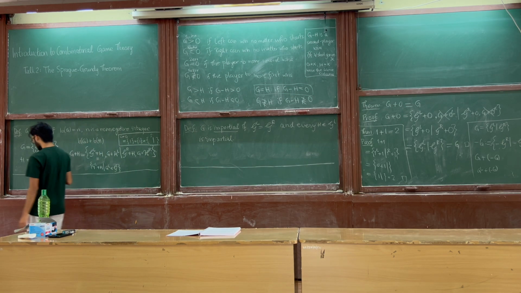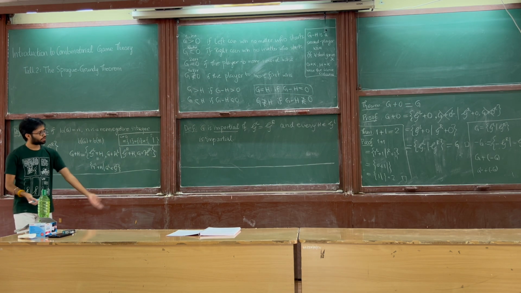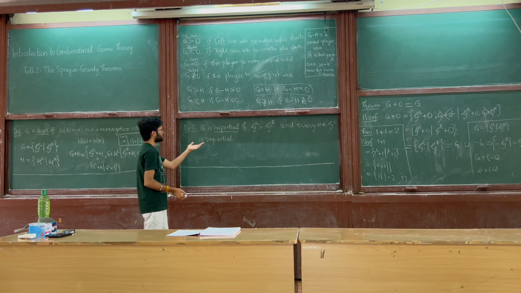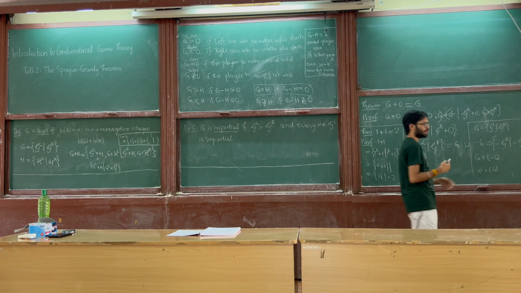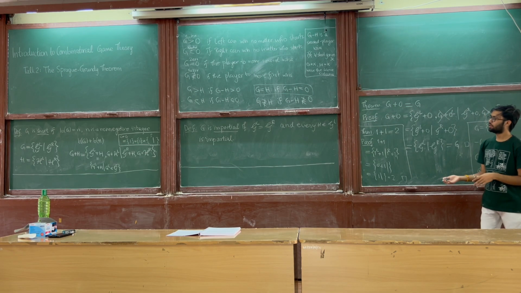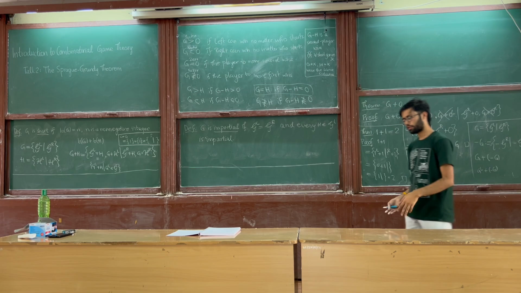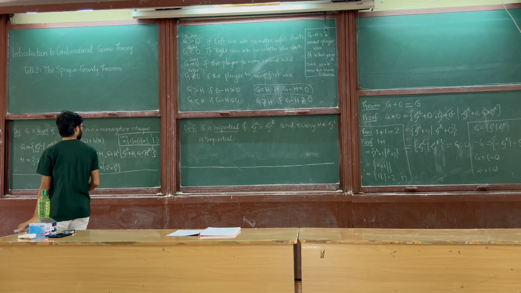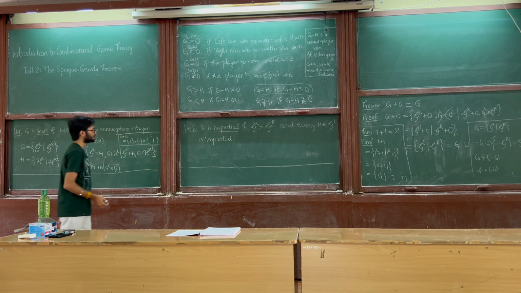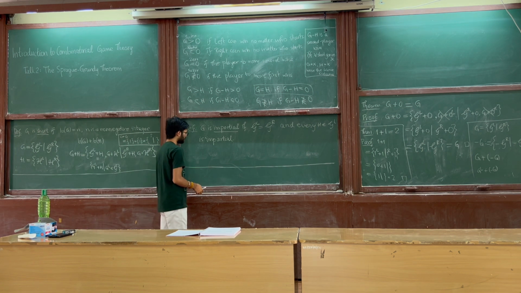And again, in the true spirit, another inductive definition, because to see if G is impartial, I need to check if GL and GR are impartial, and that I can do by induction because the GL and GR are born before G is, and so I can check that inductively. So this definition of impartial makes sense.